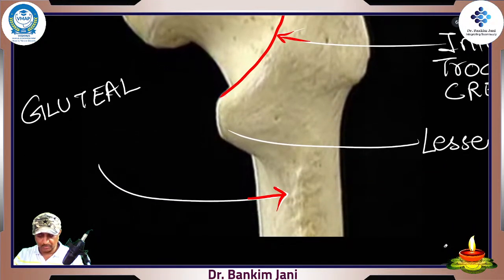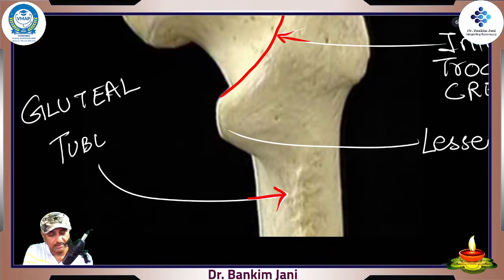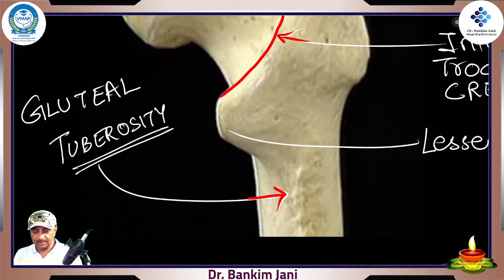It is rough because very powerful muscles connect to this, and because of that it is called the gluteal tuberosity. So now it makes complete sense that those gluteal muscles connect over here, because they are powerful. So here it is, which leads to this prominence.